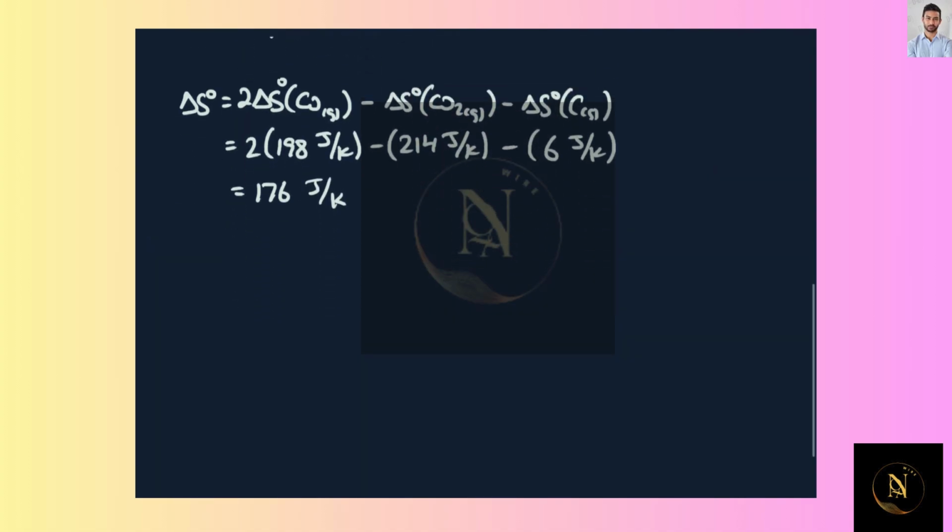Now the temperature at which the conversion is spontaneous: delta G naught is equal to delta H naught minus T delta S naught.